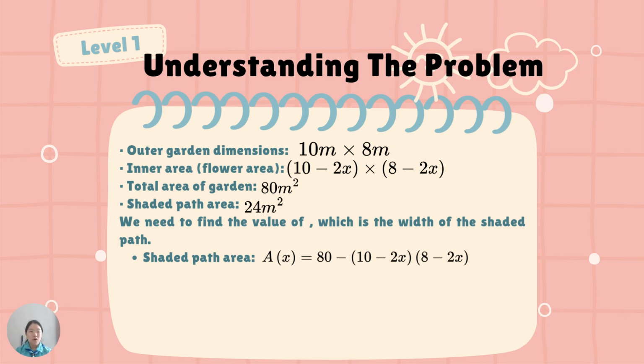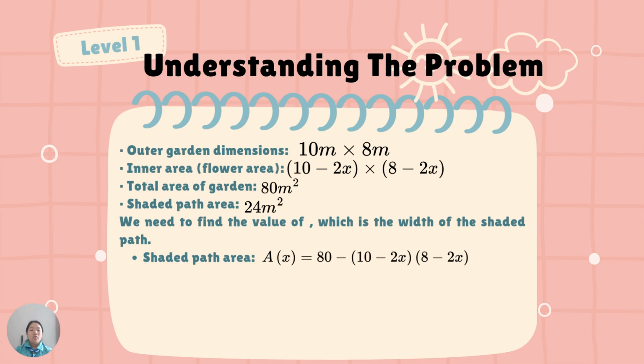So the total area of the garden will be 80 square meters, while the shaded path area is 24 square meters. From the question, we could know this information. Then we need to find the value of x, which is the width of the shaded path.